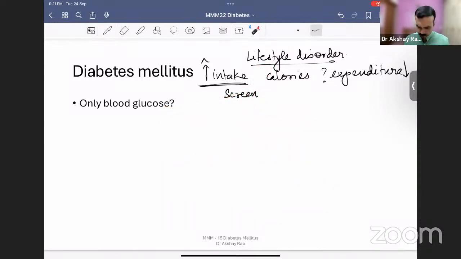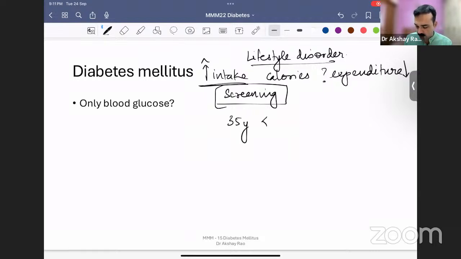So that is important. Screening is advised for the general population from the age of 35 years. Anyone who is 35 years or above should undergo screening for type 2 diabetes mellitus. You test for it: do your FBS, HbA1c, and RBS if you're symptomatic.